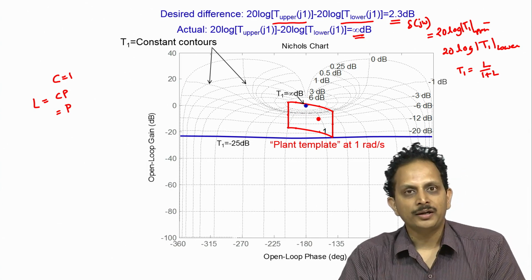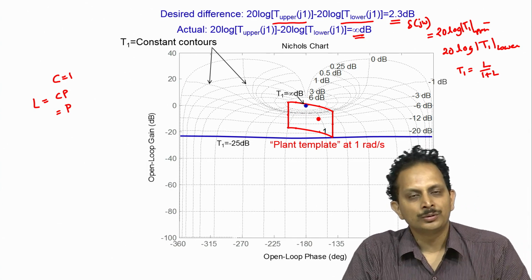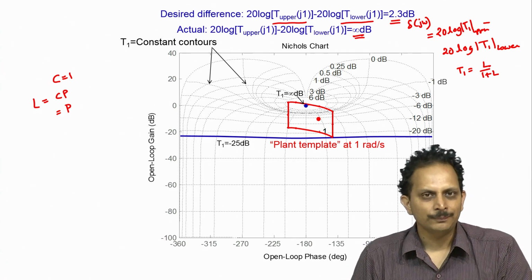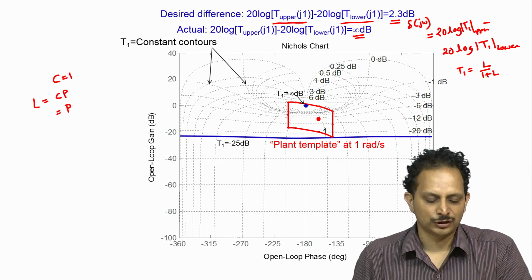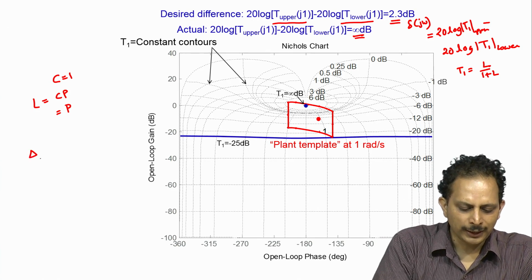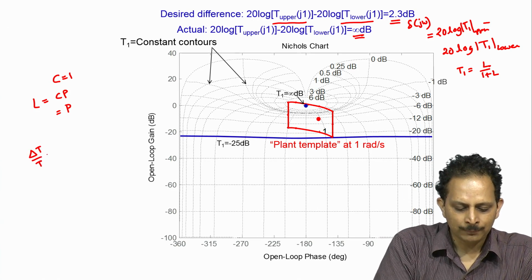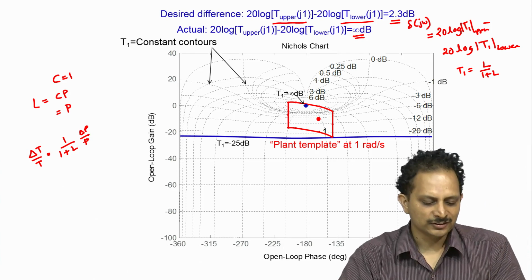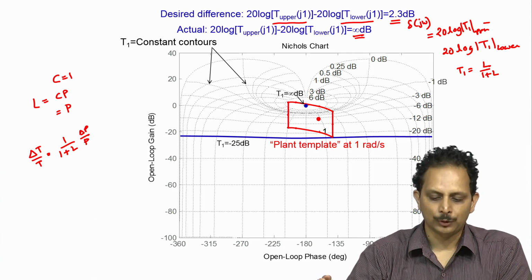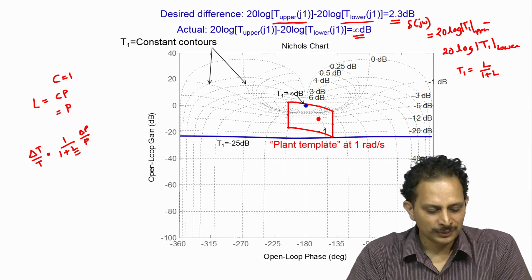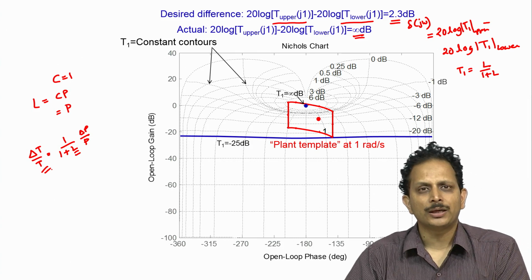To understand what needs to be done, let us go back to the sensitivity equation that relates the uncertainty in the overall transmission function to the uncertainty in the plant transmission function. This was derived a few clips back, and to refresh your memory, the equation was delta T by T is equal to 1 by 1 plus L times delta P by P. What has happened in this case is that for the controller C equal to 1, our loop gain L has ended up becoming so low that our delta T by T has become a huge number.